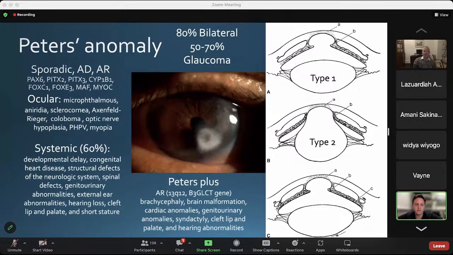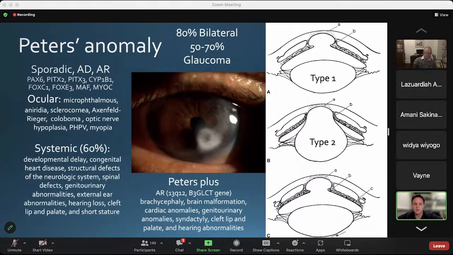And so for that reason, because there's lots of genes implicated, which are also associated with, for example, Axenfeld-Rieger syndrome, there's variable degrees of inheritance, including sporadic and autosomal dominant forms and autosomal recessive forms. They can be associated with microphthalmos, aniridia, sclerocornea, colobomas, abnormal optic nerves. They've also been described in persistent hypoplastic primary vitreous and myopia.